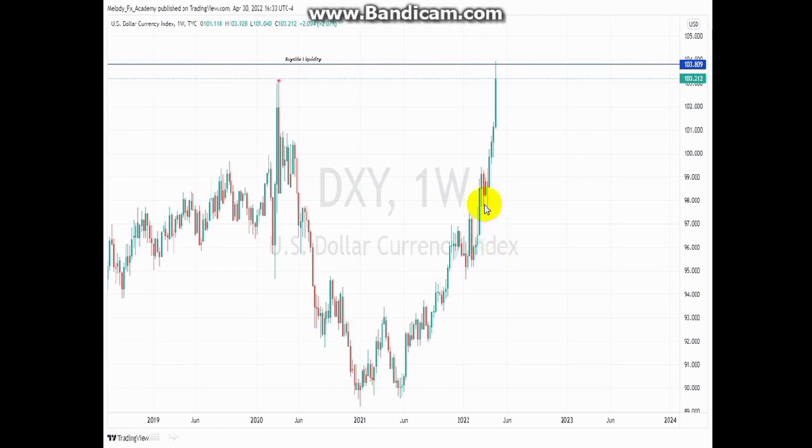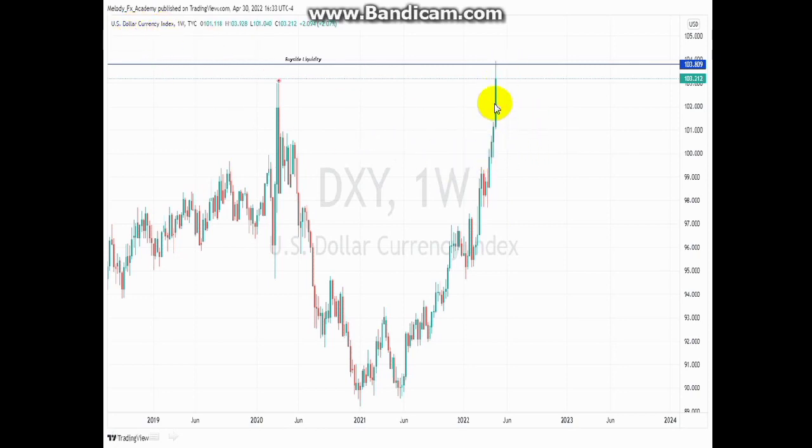Okay, so let's say you are unable to point to the right direction of, let's say, Aussie dollar, for example, where price is currently headed. One of the other ways you can do that is simply look at the trend of the dollar index.